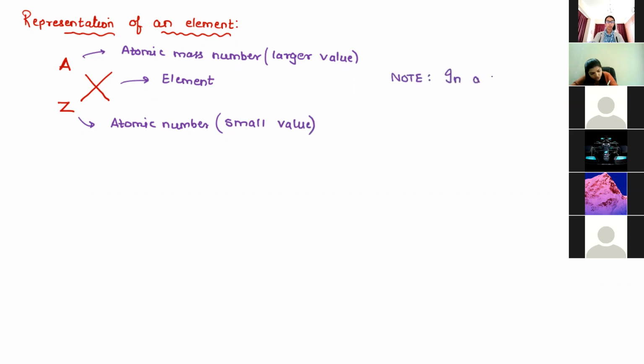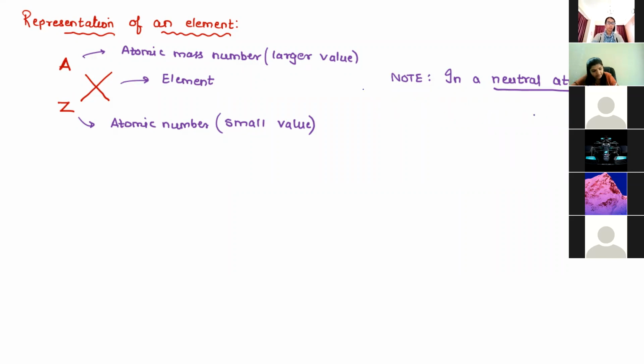And a note point: in a neutral atom, the number of protons is equal to the number of electrons. I think you will not be able to see this, so let me write it over here.